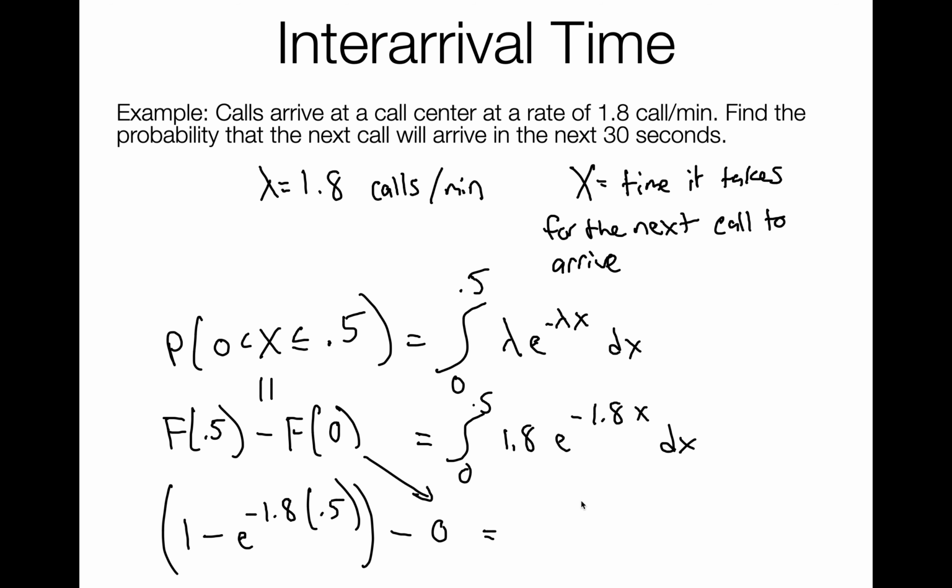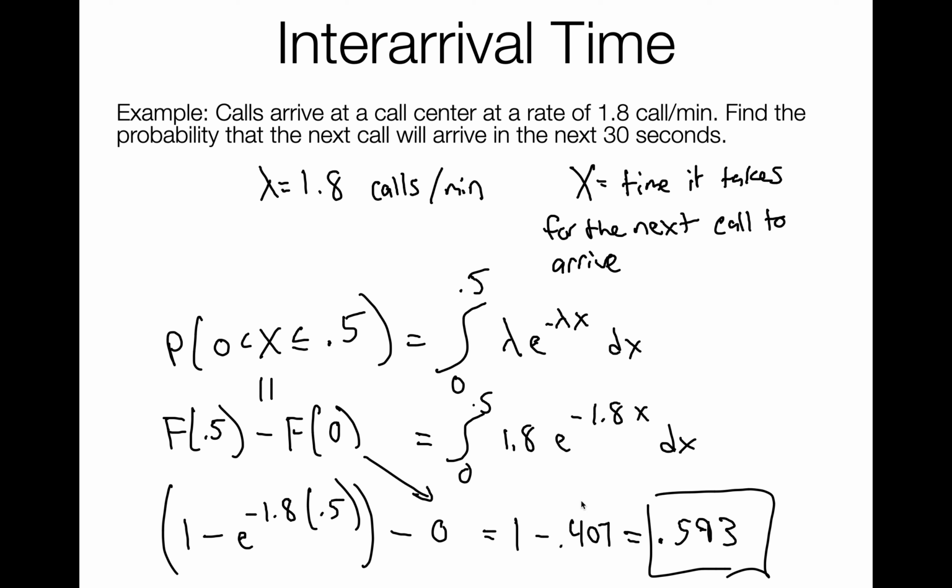Negative 1.8 times 0.5 is negative 0.9, and e raised to the negative 0.9 power is about 0.407. So we've got 1 minus 0.407, which is 0.593. So the answer is there's around a 59.3% chance that the next call comes within the next 30 seconds.